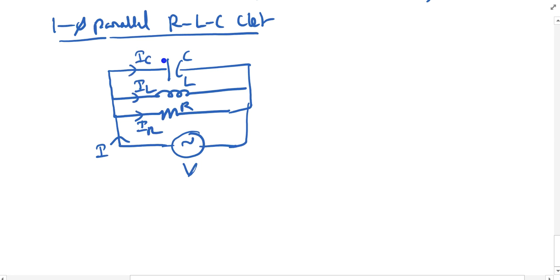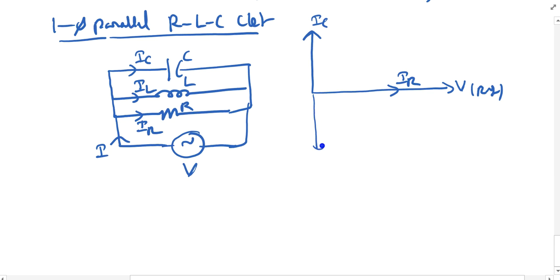Then this is my reference angle. I can take V as reference. Then this is my IR, this is actually the IC, and this is actually the IL, and my condition is, suppose my IL is greater than IC, then what could be the scenario here?